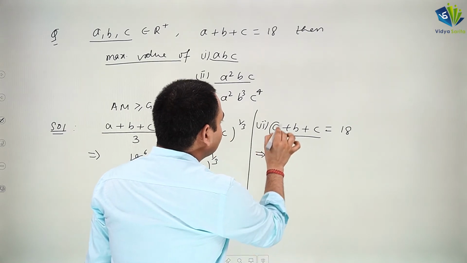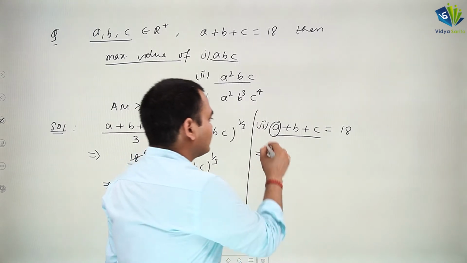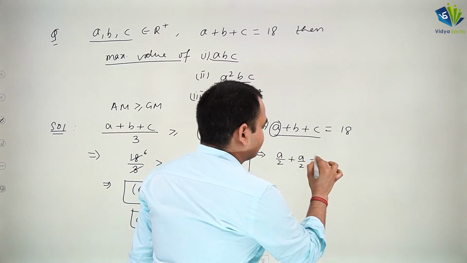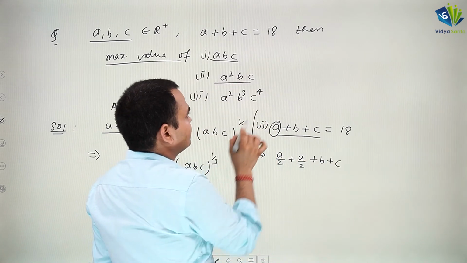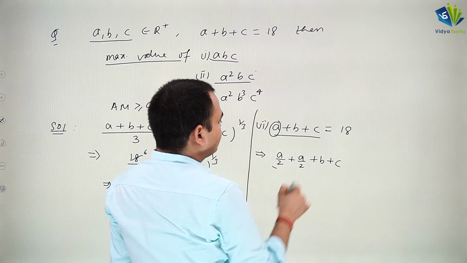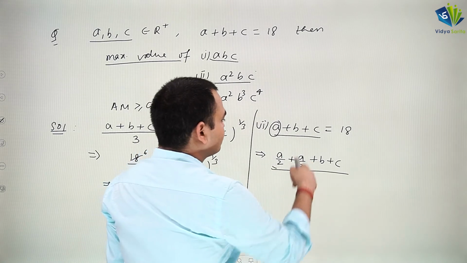If you split this a in two parts like this, a by 2 plus a by 2, again b plus c, because the index of b is 1 here and the index of c is also 1. So if we split like this and we apply AM greater than or equal to GM, now we have four quantities.